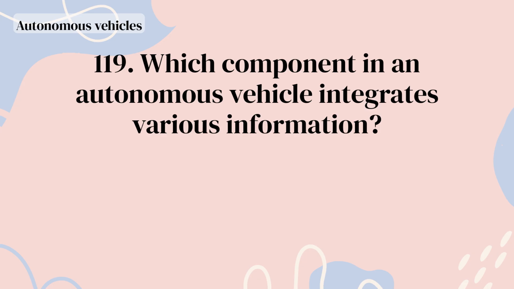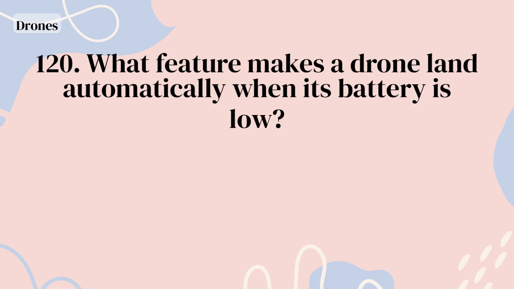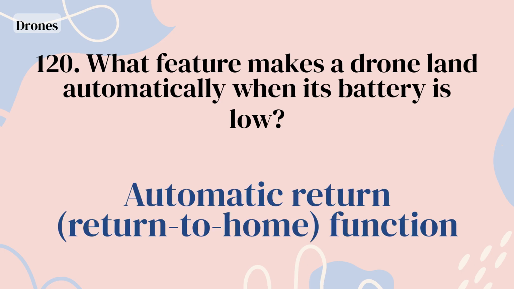Which component in an autonomous vehicle integrates various information? The central control unit. What feature makes a drone land automatically when its battery is low? Automatic return, return to home, function.